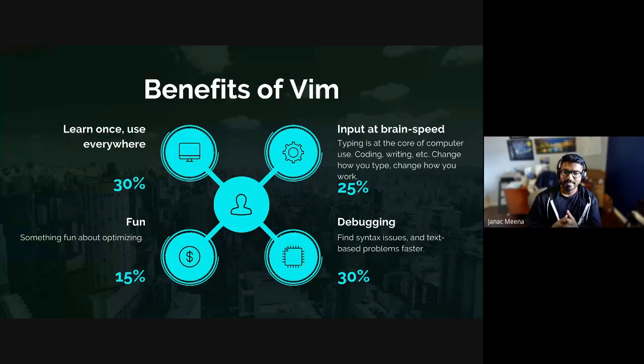This is your primary mechanism of inputting your knowledge into the machine that needs it. So upgrading that bottleneck is, to me, a worthwhile investment. I would even go so far as to say if you change how you type, it'll change how you work.